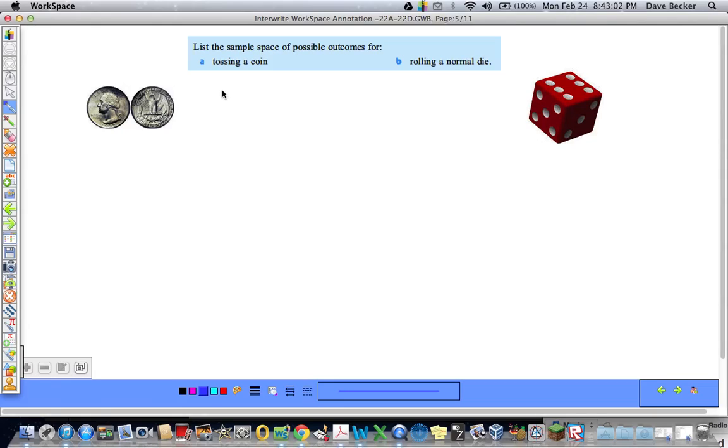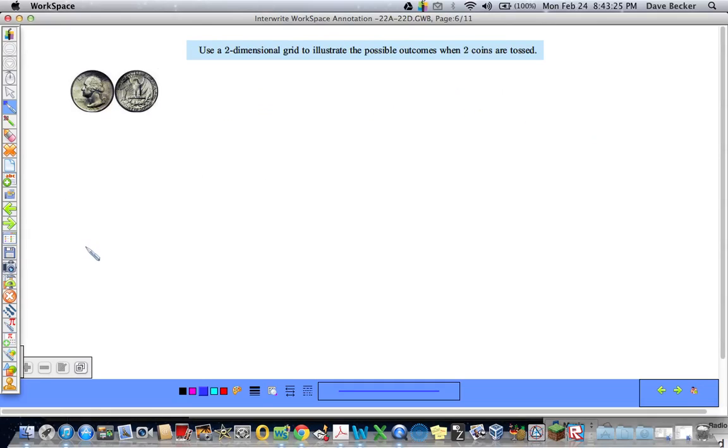So the sample space, in set notation, would be H for heads, T for tails. And what about the sample space of possible outcomes for rolling a normal die? Well, 1, 2, 3, 4, 5, or 6 are the possible outcomes. Easy peasy. If only it was that easy all the way through.